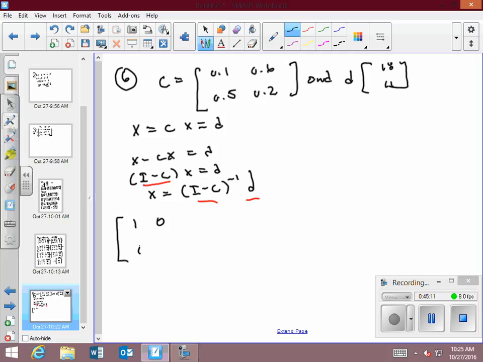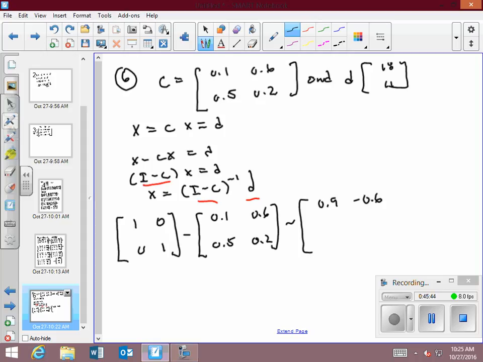1, 0, 0, 1 minus C is 0.1, 0.6, 0.5, 0.2, which is going to be, okay, this is going to be 0.9, minus 0.6, minus 0.5, 0.2.